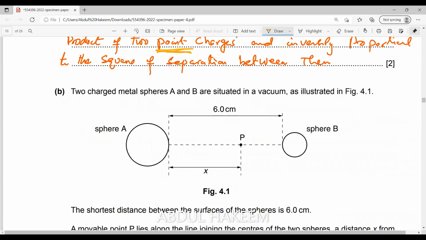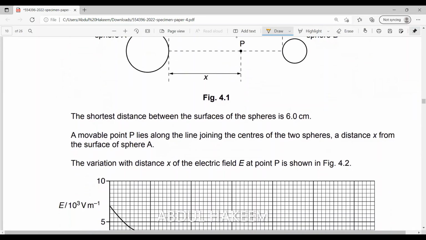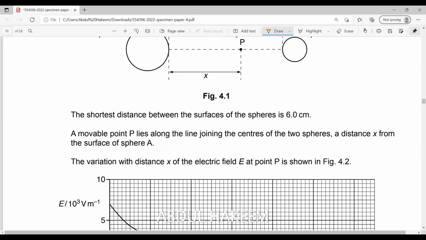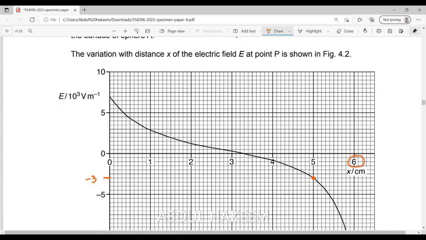Then, two charged metal spheres A and B are situated in a vacuum. The shortest distance between the surfaces of the spheres is 6. The movable point P lies along the line joining the centers of the two spheres, a distance x. The variation with distance x of the electric field strength E is this.